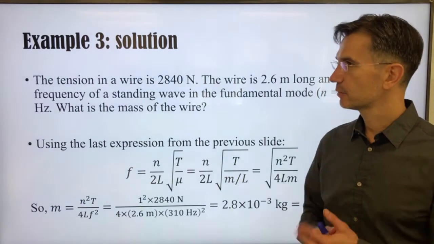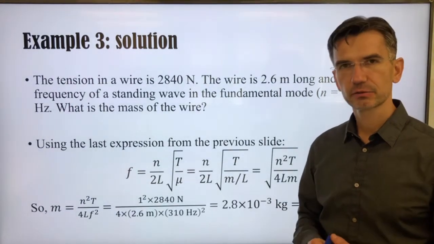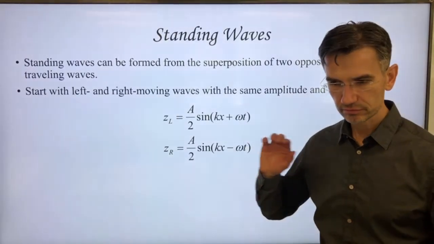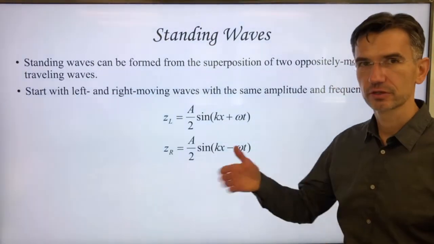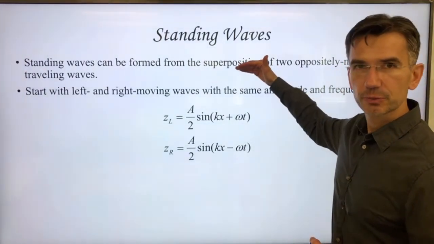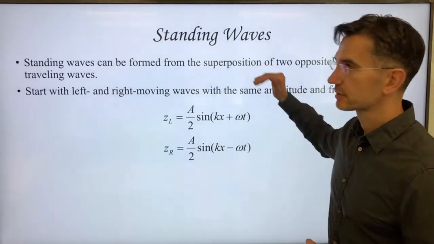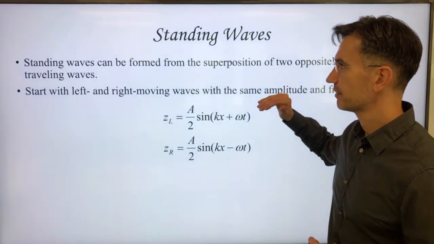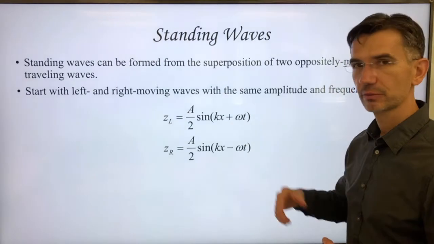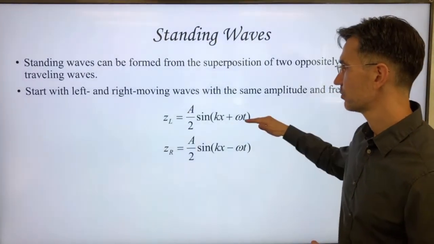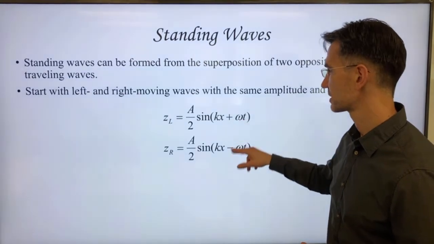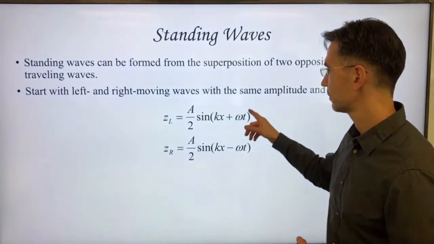So now let's see why the velocity is still relevant in a standing wave, even though we actually have no motion in the direction of the propagation. So standing waves are actually the superposition of two traveling waves themselves. And we have a left traveling wave and a right traveling wave. And we know now that we can control the direction in which the wave moves by changing the sign in front of the argument for time.